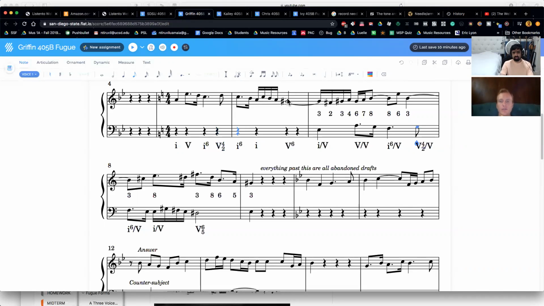Well, I could argue that there are other chords here. For instance, it kind of feels like, so I think this is definitely interesting enough. But if you were to analyze this, you could put a 2 chord here, for instance, or 2/6.